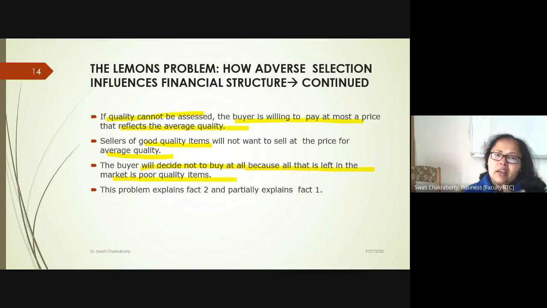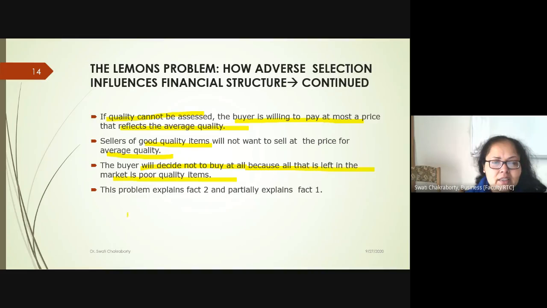If the quality is not known, buyers want to pay only the price of average quality, and sellers do not want to sell at it. Then the only option left for buyers is poor quality items, and then they do not make any purchase.